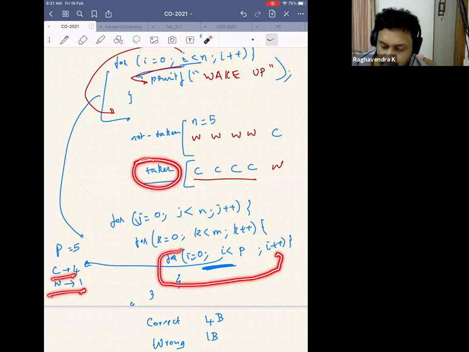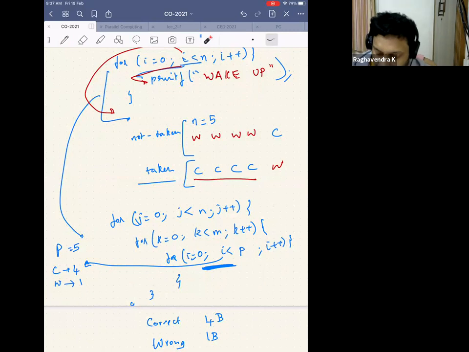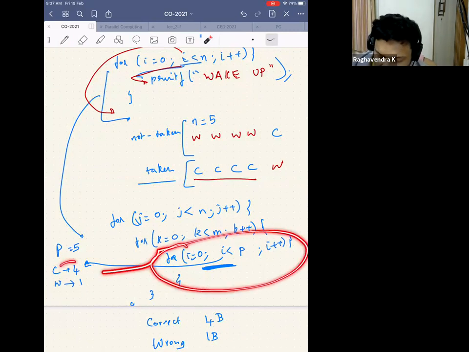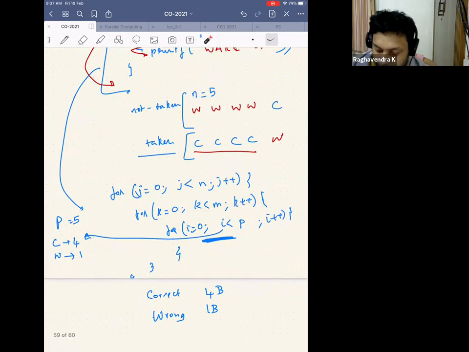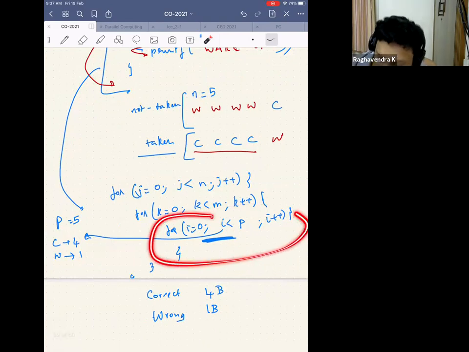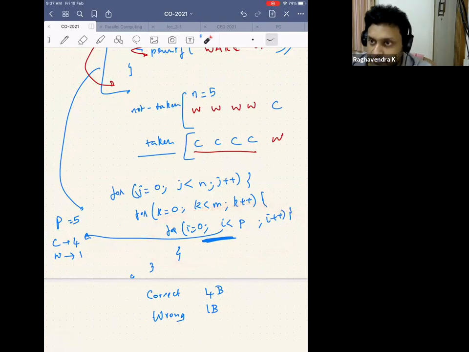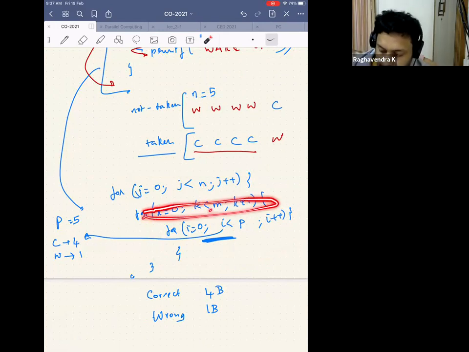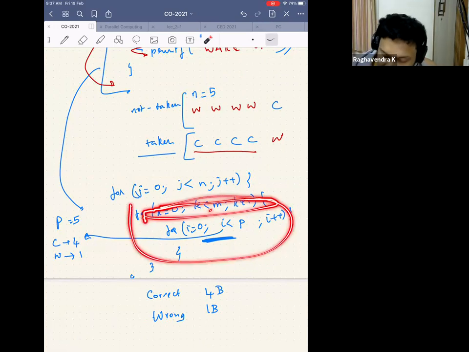Suppose I built a taken predictor. I'm very happy with it because it's wrong only once. Looking only at this particular loop, I'm correct 4 times, wrong once. But this is no longer guided by only this. This for loop itself is internal to other for loops, and it is executed m into n times, because this is executed m times and this particular thing is executed n times.